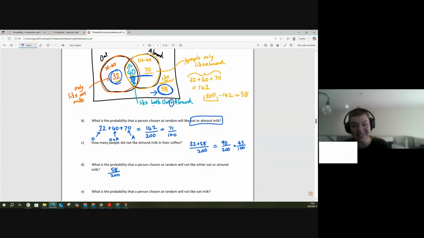Probability is an English test for sure, especially Venn diagrams. So if we care about the people who don't like oat milk, it will be these 70 people and these 58 people. So we'll say 70 plus 58. So 128 out of 200.